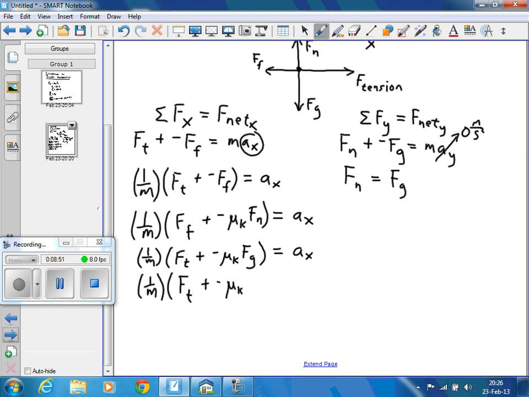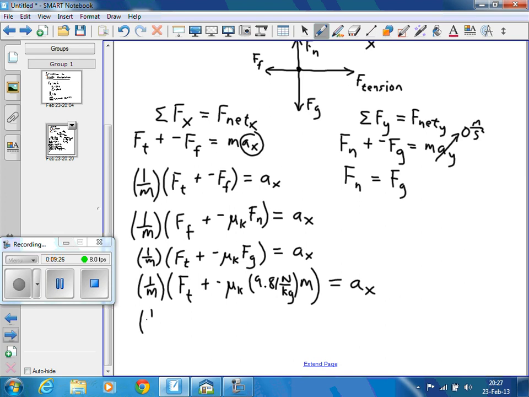Now, at this point, I am going to use one number because the equation for gravity force tells us that gravity force is equal to 9.81 newtons per kilogram times the mass. And now, I do know all of the things on the other side of the equation. I know the mass and the tension force and the coefficient of friction. Mass is repeated at the end. I can plug in all those numbers, plug them all into my calculator at once, and solve in one step for the acceleration in the x direction.